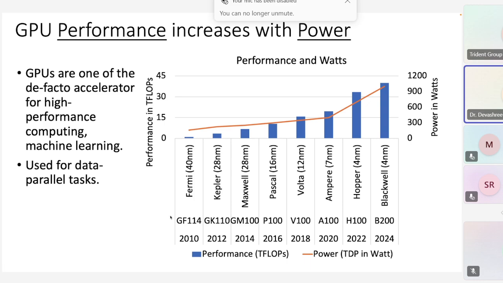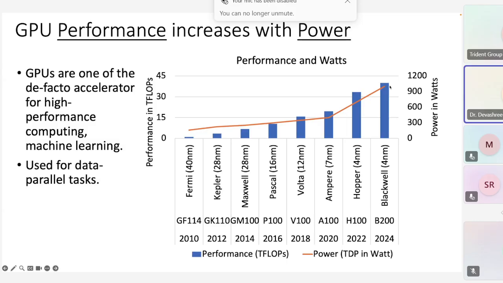And the reason why the energy efficiency matters a lot is again the same GPUs taken on the x-axis. If we see, the blue part is good, the performance has increased over the years. But the problem is the orange line.